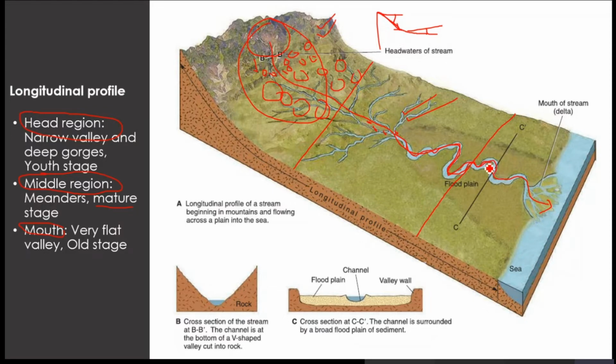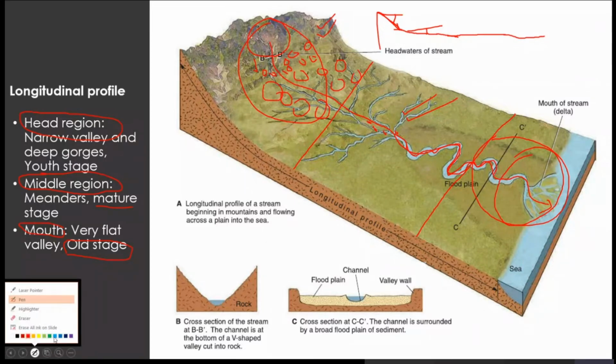But when it comes to the very end of the river, at this stage we call the river to be in the mouth stage, or the old stage. It is the old stage because the river in this part is not capable of carrying all its load; rather, deposition is the more dominant activity, because the land becomes almost horizontal as it meets the sea.